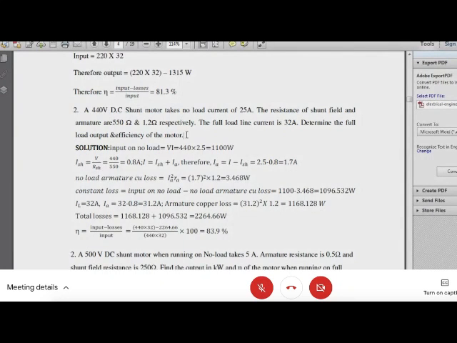Please copy down the problem. This is again on Swinburne test, very similar to what we have done the last one.